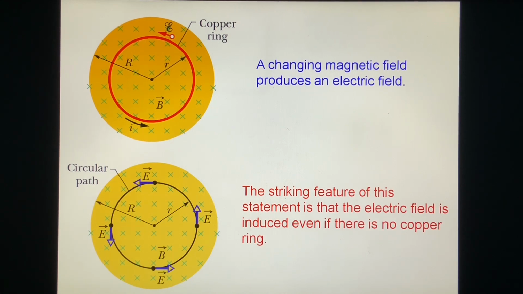The striking feature of this statement is that the electric field is induced even if there's no copper ring. Now we need a direction for E. When B increases, we get an induced E in this direction. Of course, vice versa: if B decreases, then E will change direction.